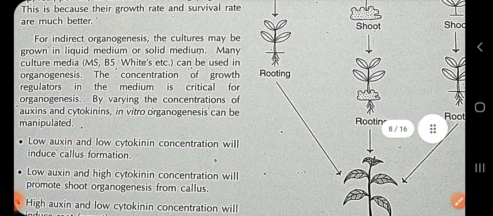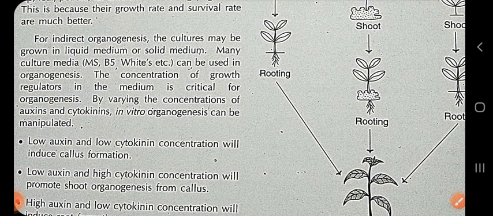Now, for indirect organogenesis, cultures may be grown in liquid medium or in solid medium. Many tissue culture media like Murashige and Skoog's media, B5 media, and White's media can be used in organogenesis. The concentration of growth regulators in the medium is very critical for organogenesis.